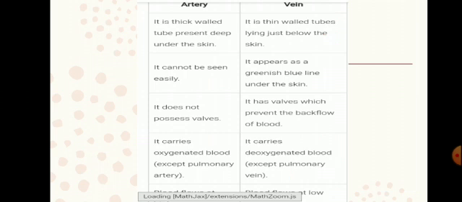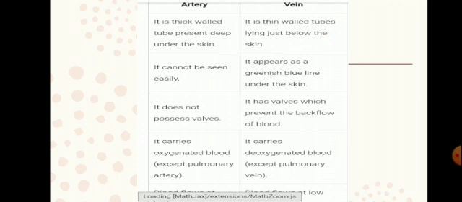The vein is a thin walled tube lying just below the skin. Artery cannot be seen easily. Vein appears as a greenish blue line under the skin.